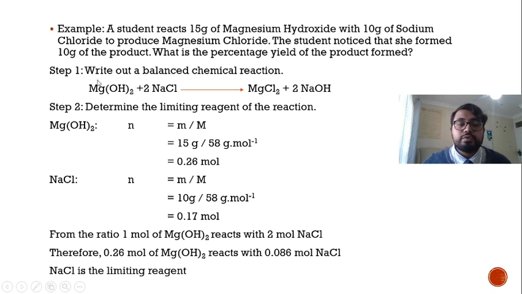Those two reagents react to give us 1 mole of magnesium chloride. So we're using our NaCl because it will get finished faster, and it is our benchmark and our threshold for how much product would be formed.